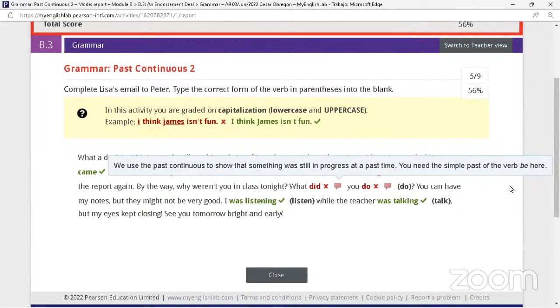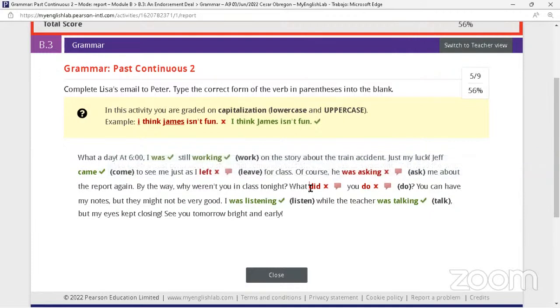So the correct answer, yes, but what they're telling me here is that this auxiliary is incorrect. You need were. What were you doing? Because were is the simple past.